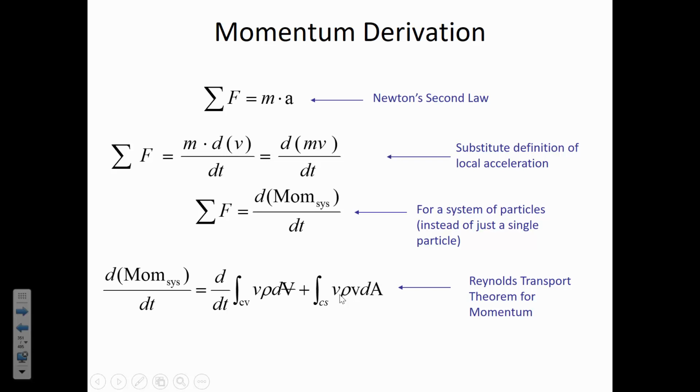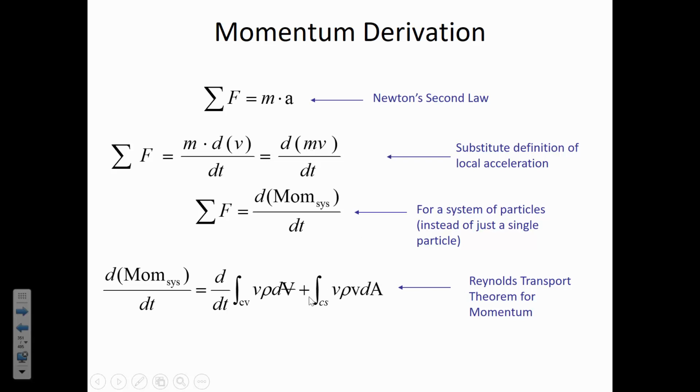Here I said it's density times the volumetric flow rate, and we could expand that further to be density times the velocity times the cross-sectional area. So that's what we have here: density, velocity, cross-sectional area, and then the other velocity that you're multiplying by the mass flow rate.